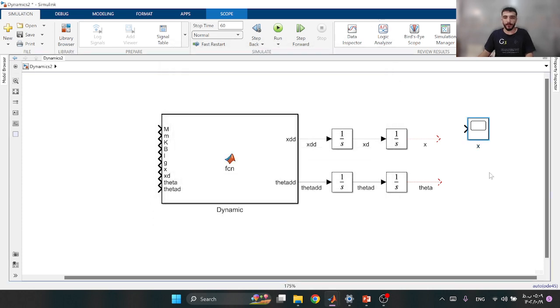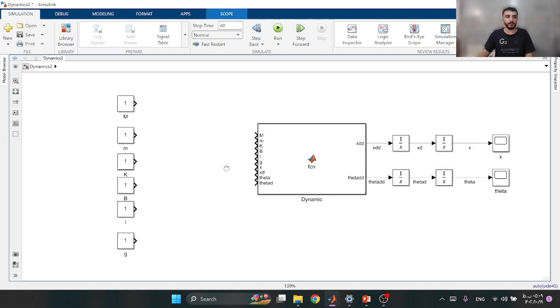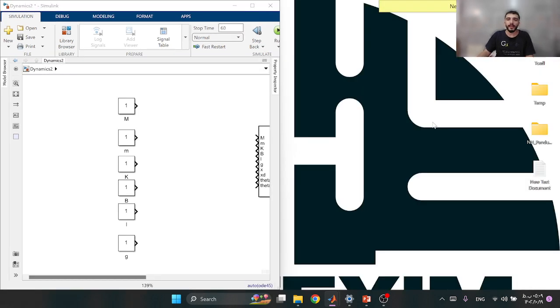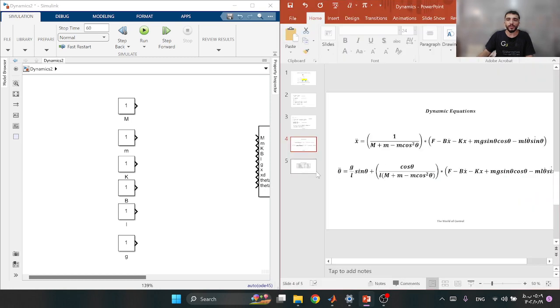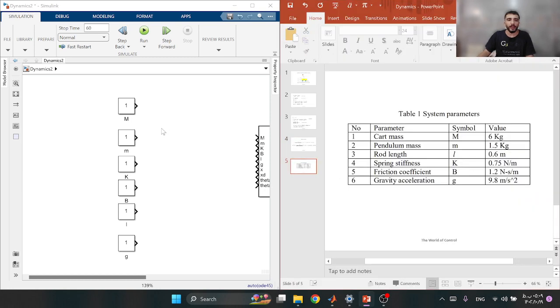Okay, this is for x and this is for theta. I will connect the x and theta signals here, and now we can add the values from this PowerPoint here.